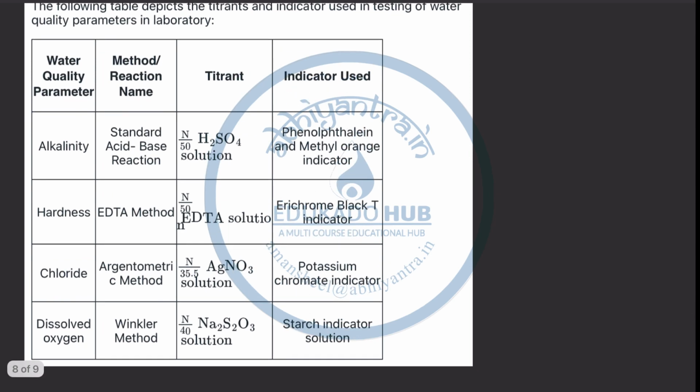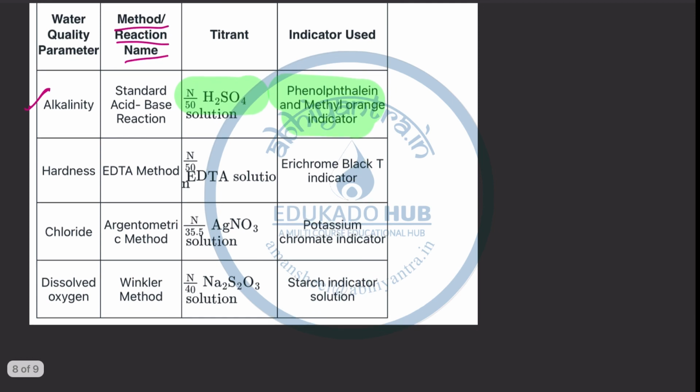For the water quality parameter alkalinity, the method or reaction name is the standard acid-base reaction, and the titrant used is N/50 H2SO4 solution. The indicators used are phenolphthalein and methyl orange indicators.